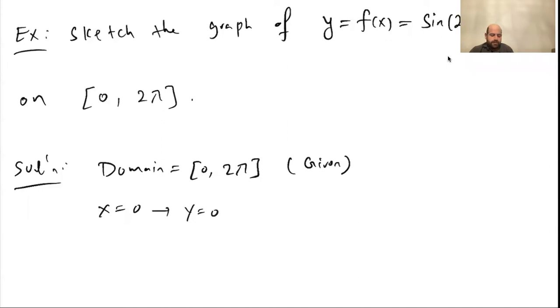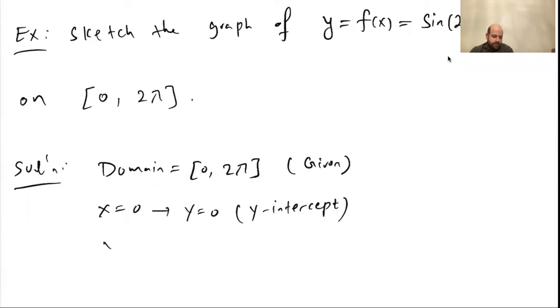And therefore the origin will be both x and y intercepts. So basically, let me say y-intercept, because for x-intercept, there are more points where the graph crosses the x-axis.